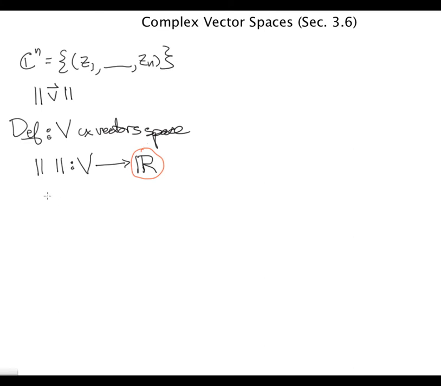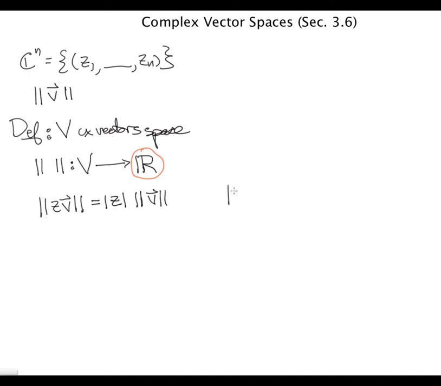And what does it satisfy? It satisfies that the norm of z times v is equal to the absolute value of z times the norm of v.